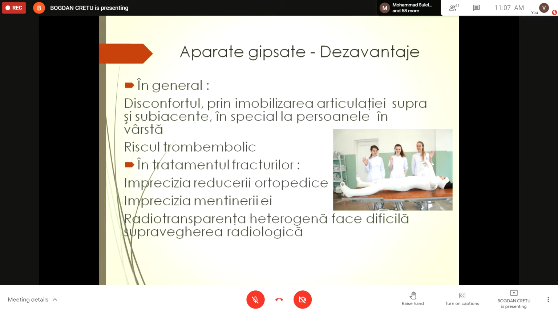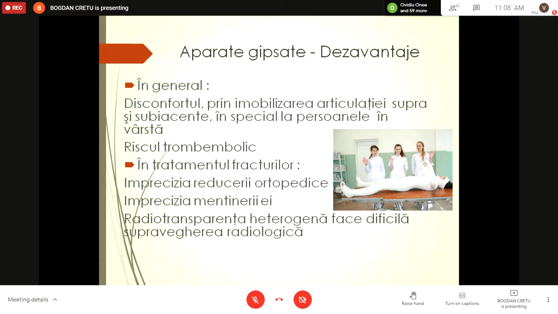It has these disadvantages, of course: it is a discomfort to wear, because we also have to immobilize the upper joint and the lower joint around the lesion. The thromboembolic risk, we always have to take it into account with all immobilizations.